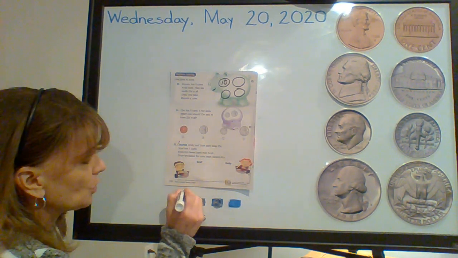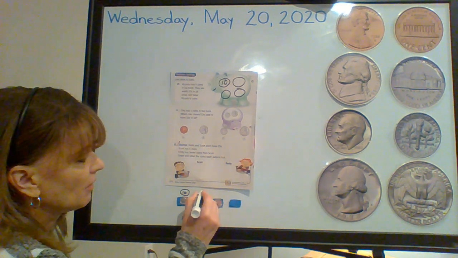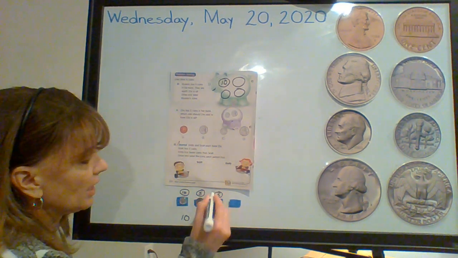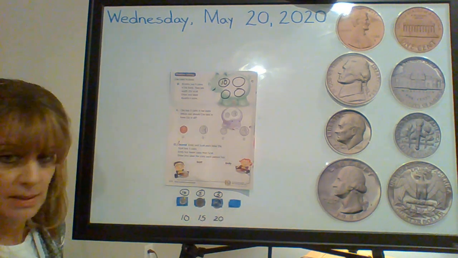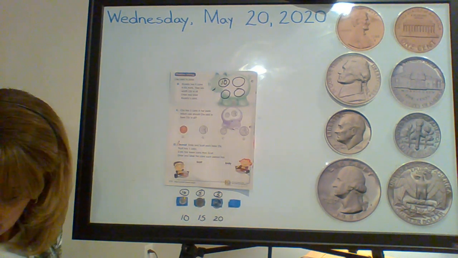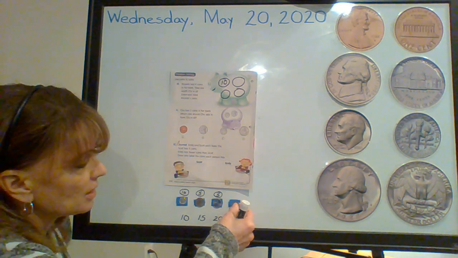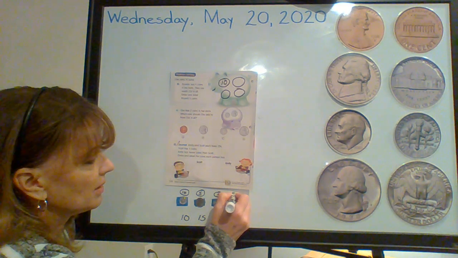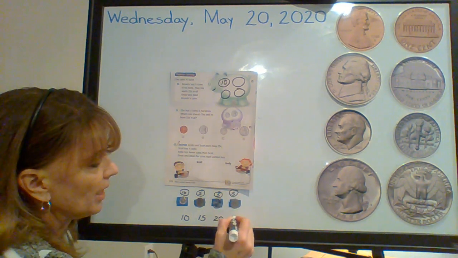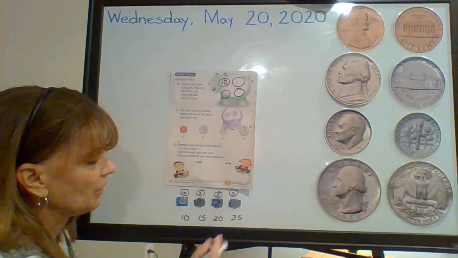This is how much it's worth. 10, 5, 5. So now I have 20 cents. Then my last one is going to be another nickel. And now I have 25 cents.